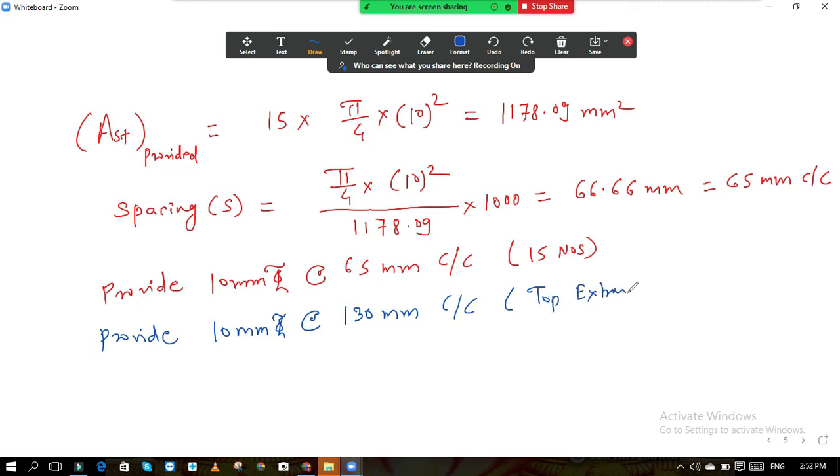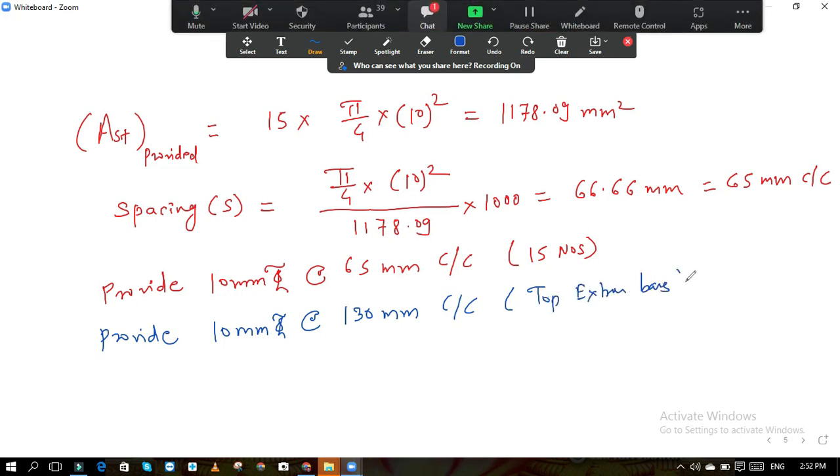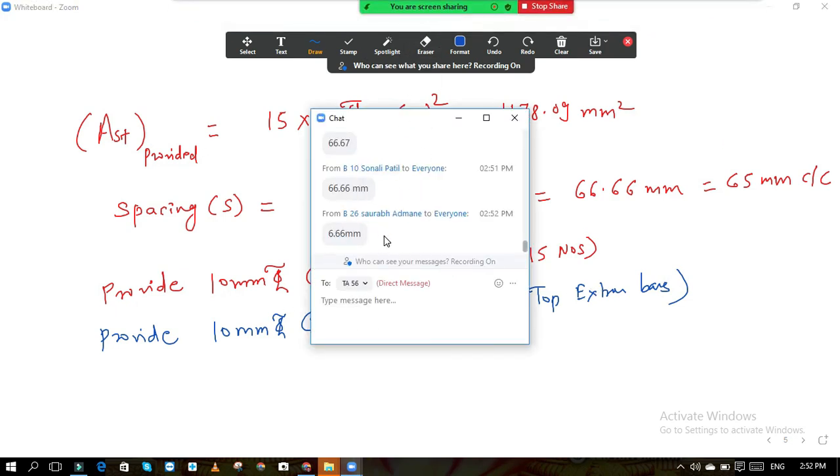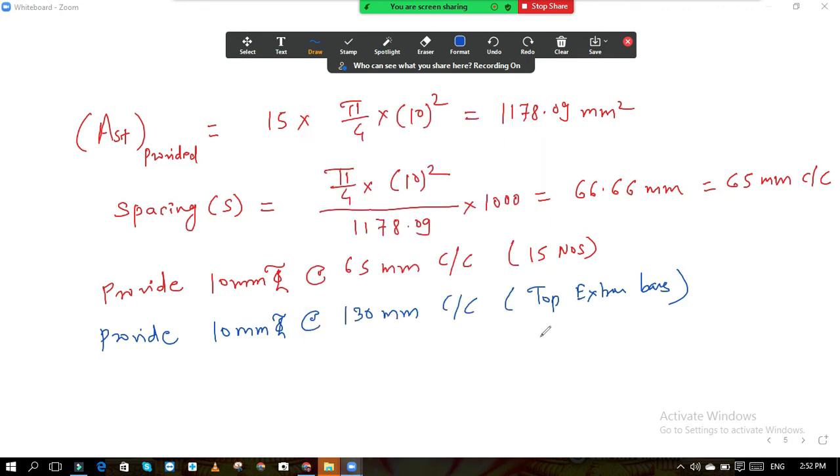These are not designed for the bending moment, these are calculated from the main steel spacing. So this is about the main steel calculation.